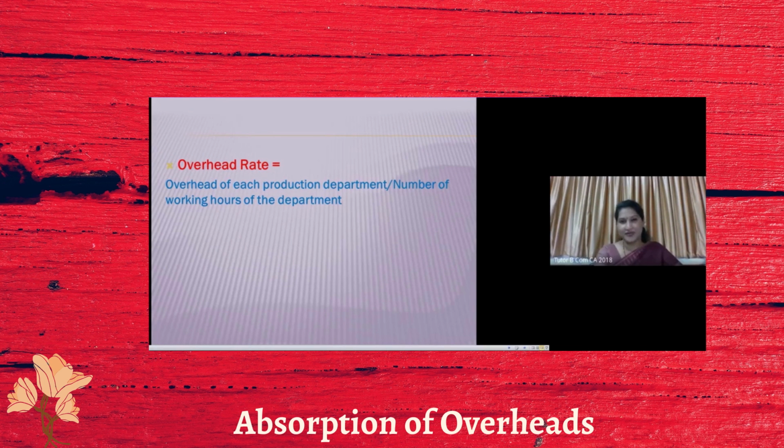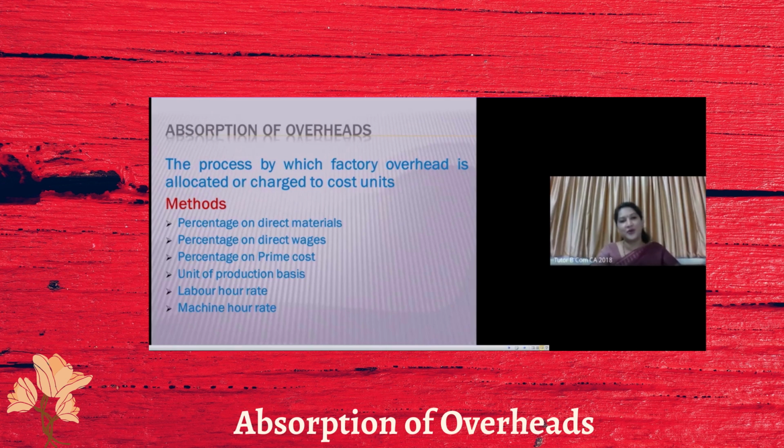Moving further, when we look into the absorption of overhead, absorption is nothing but charging your overhead cost to each unit of production. The process by which the factory overhead is allocated or charged to each cost unit.